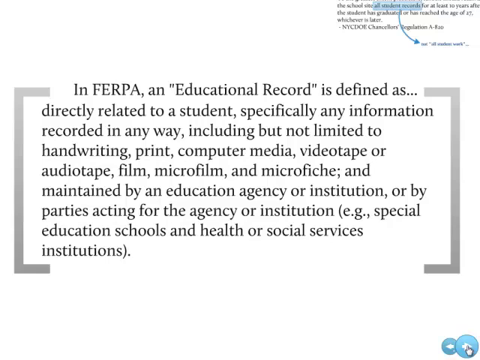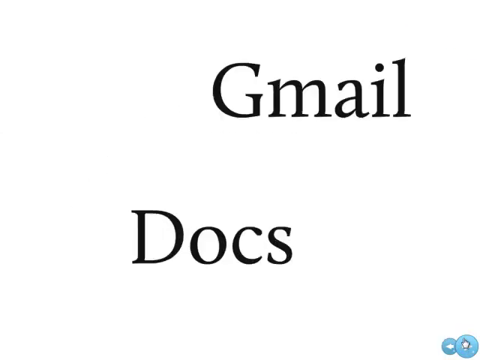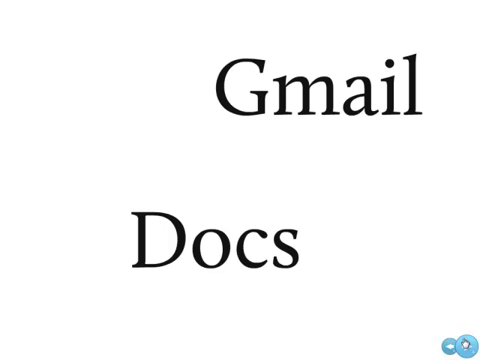So it's anything directly related to a student, any information recorded in any way that's about a student, including but not limited to handwriting, print, etc. And so this would presumably include any Gmail or docs, in particular written by faculty about students, or in particular any spreadsheets or forms that you might be using to collect information or logs about students.